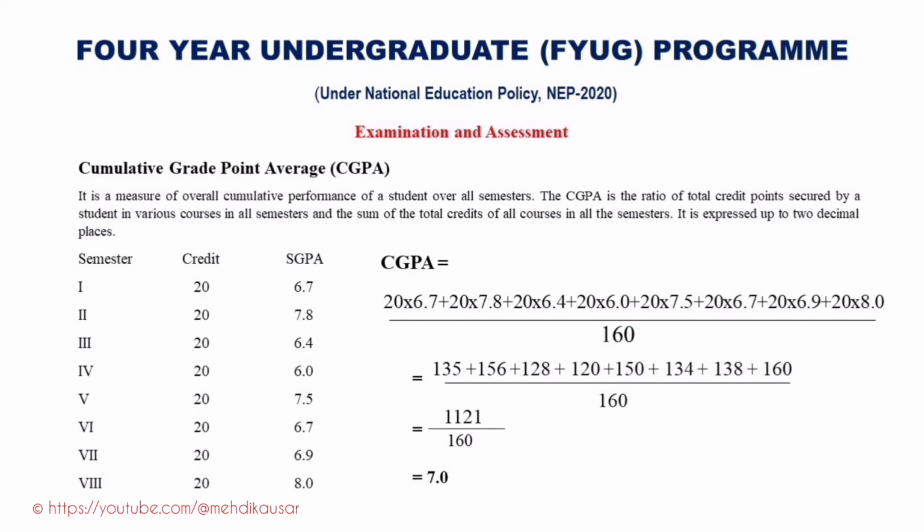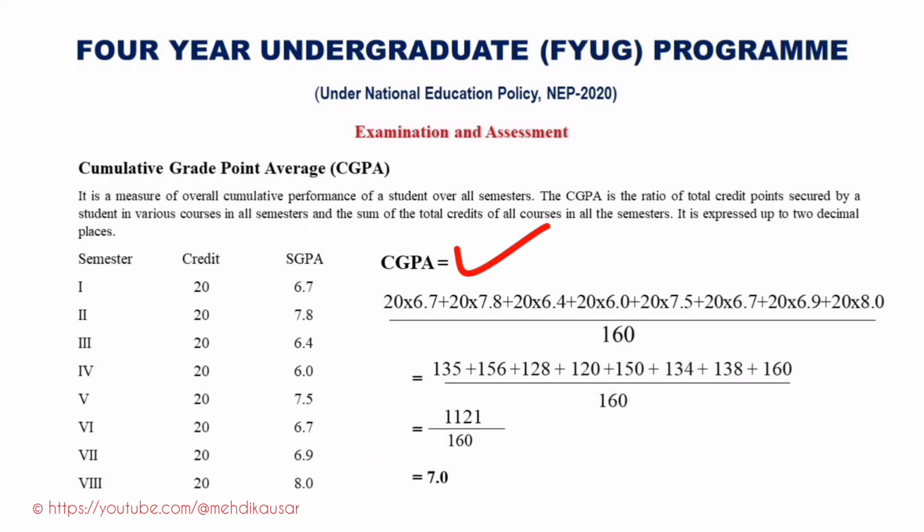For example, suppose the SGPA obtained in all the semesters by a student is like this: Semester 1 6.7, Semester 2 7.8, Semester 3 6.4, Semester 4 6.0, Semester 5 7.5, Semester 6 6.7, Semester 7 6.9, and in Semester 8 8.0.